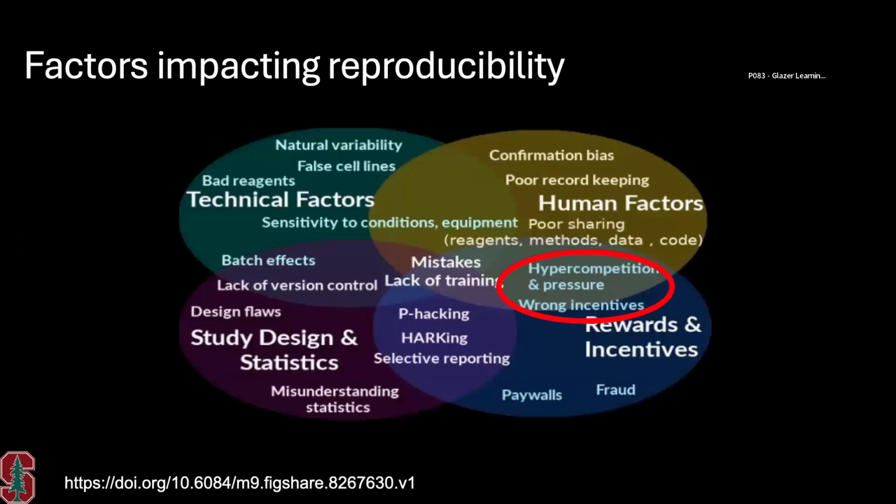So how do we address this? Hyper competition and pressure and wrong incentives. I don't know what to say, really. Sure, it's competitive, but everything is. I'm not sure what they mean when they created this Venn diagram. Will competition make people sloppy?